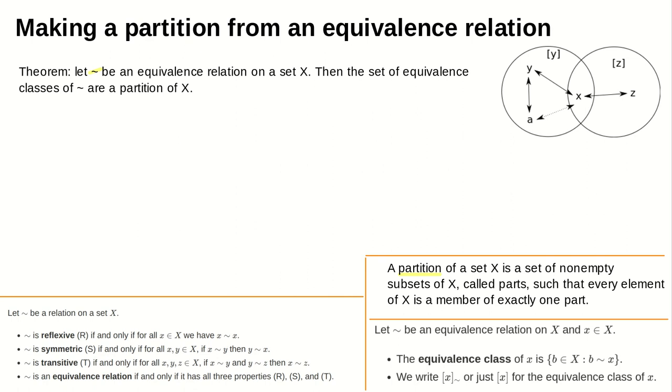So it's very easy to see that the equivalence classes of an equivalence relation on a non-empty set, at least, are non-empty. So let's just add this hypothesis at the top here, non-empty.